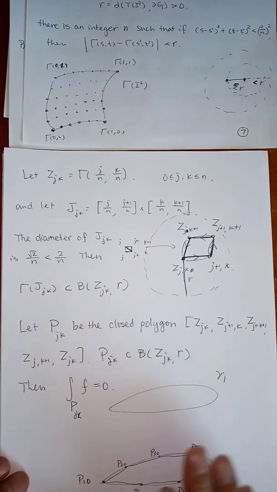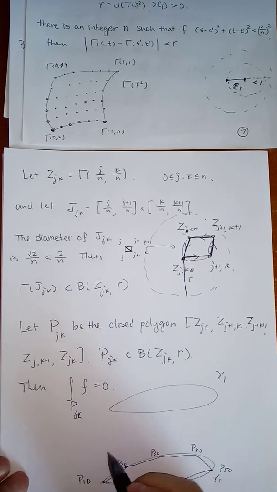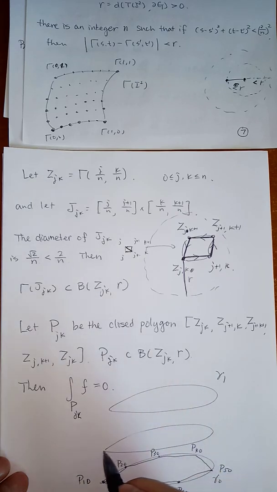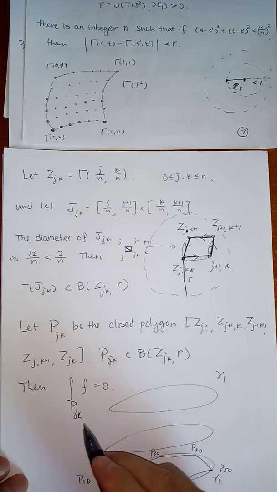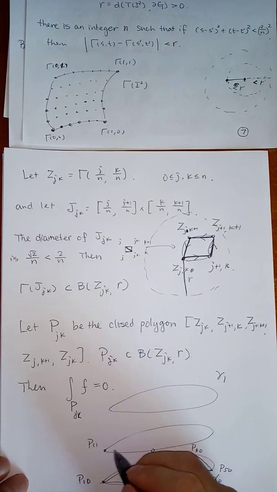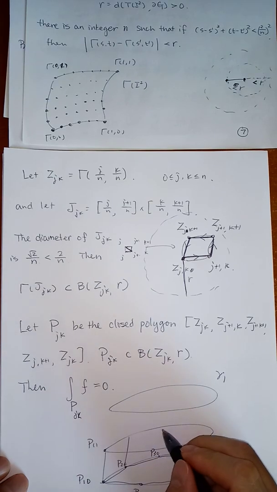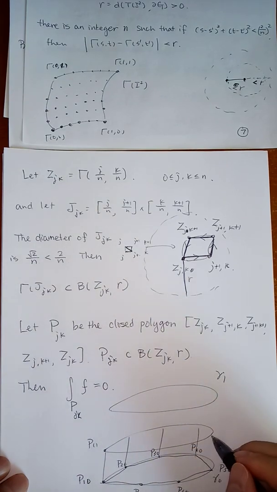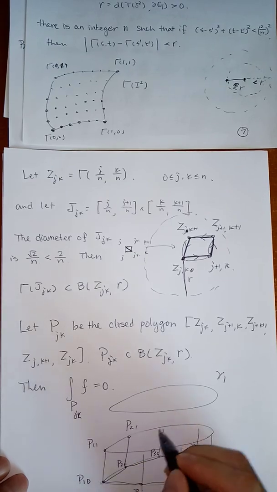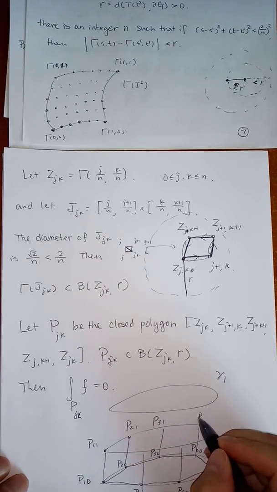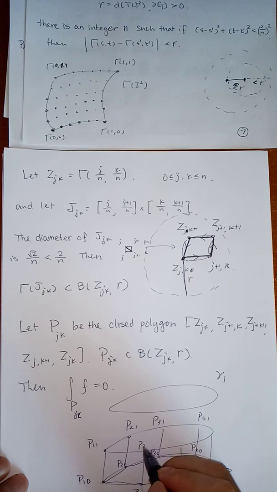So that's the first ground level. And you have the upper level, k equal to 1. So you have this P11, P21, P31, P41, and P71.